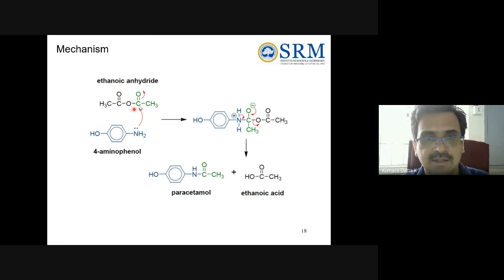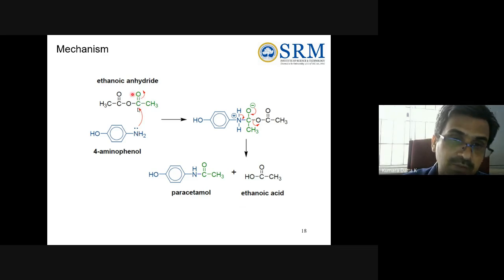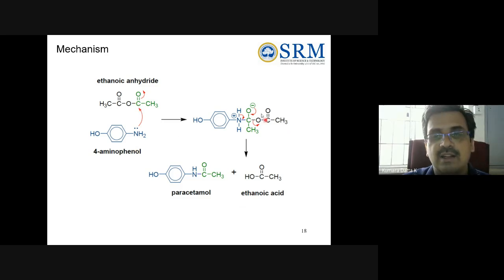This is the same step as what we discussed earlier. The lone pair of electrons of nitrogen will bind to the carbon bonded to the oxygen group, where we get a slightly positive charge. And then there is a rearrangement. Okay, you can see this.